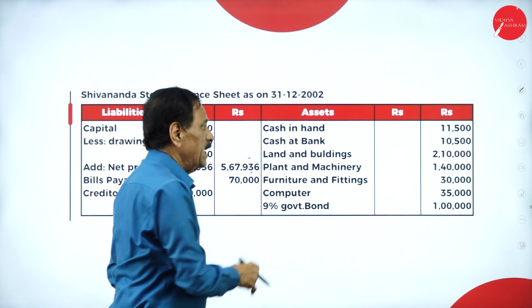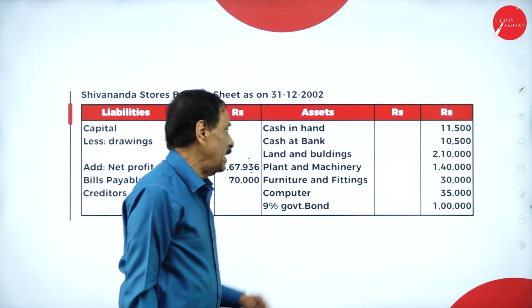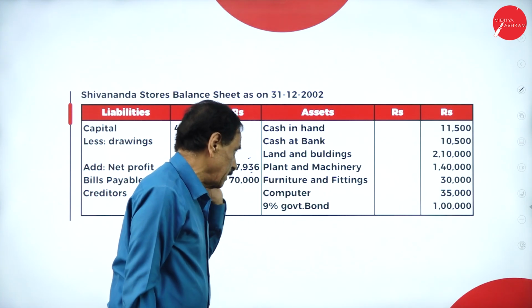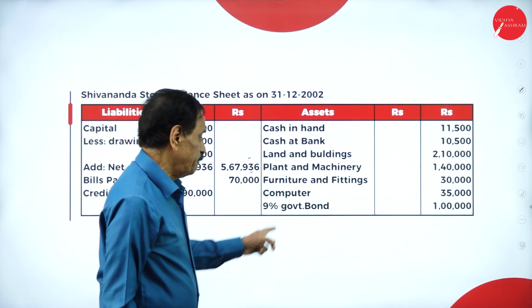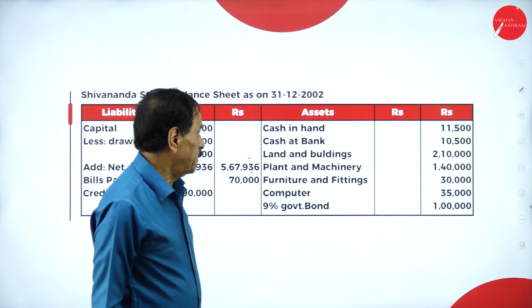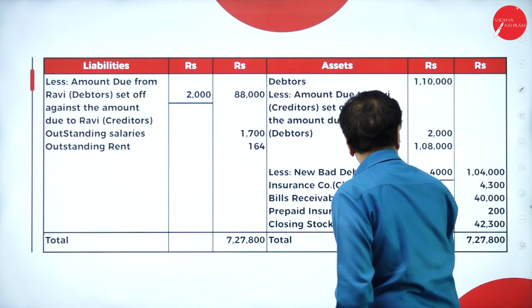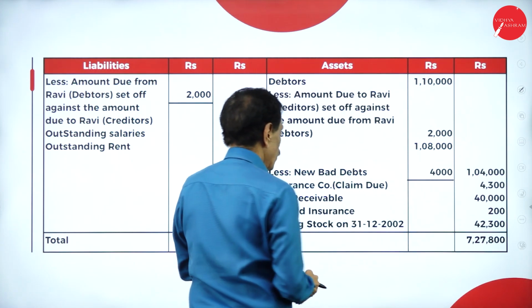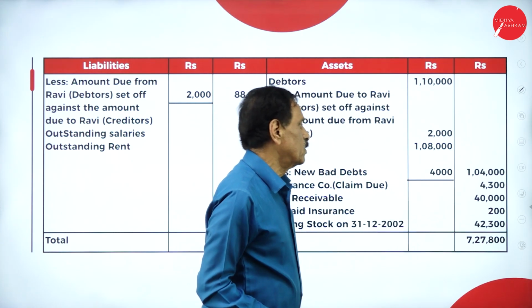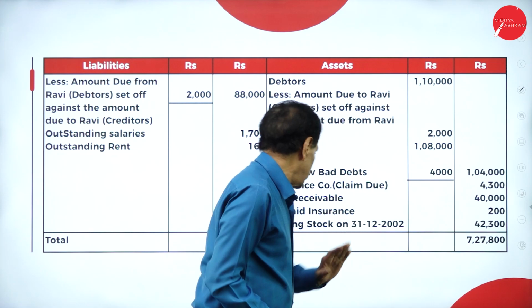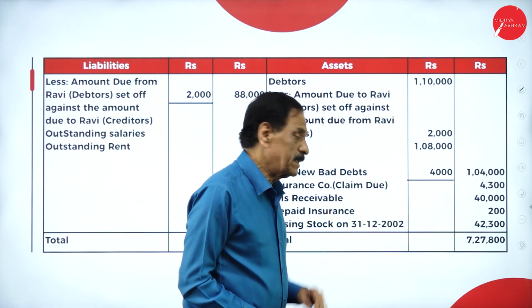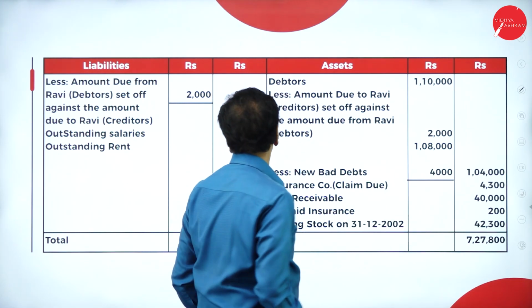Cash in hand is an asset, cash at bank is an asset, building, machinery, furniture, computer are assets. 9% government bond is an asset, debtor is an asset, then insurance claim is an asset. Here, insurance claim is 4,300. Bills receivable is an asset, prepaid insurance is an asset, closing stock is an asset.